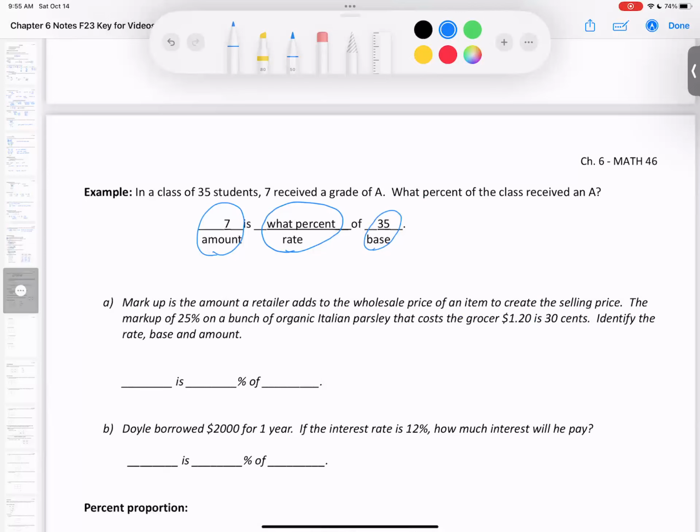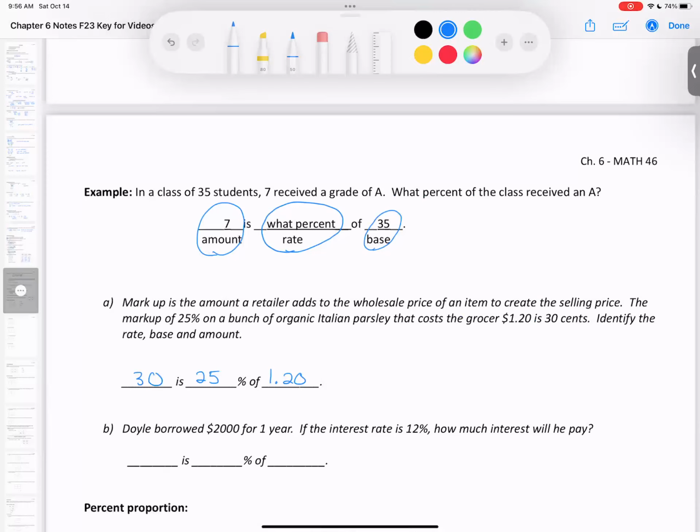Let's write this as the amount is the rate of the base. So what's our amount here? Our amount here is the 30 cents. That is 25% of our total, which is $1.20. So the amount extra the grocer is charging is 30 cents to make a profit on that parsley.